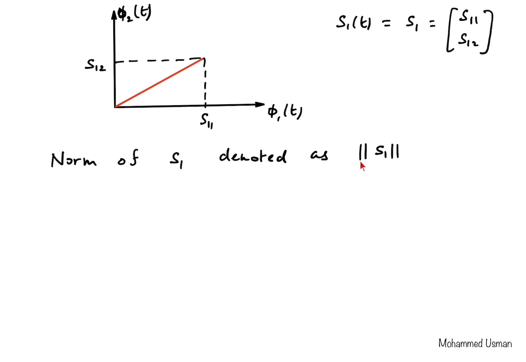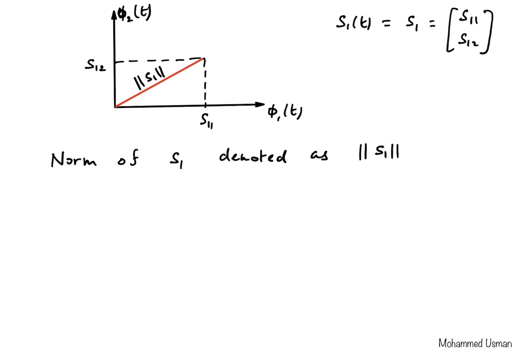Since we have the signal in a geometric way with the projection values, we can find the length of this line, which is the norm of S1.